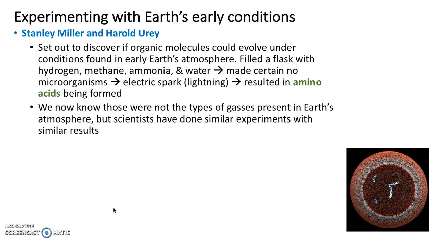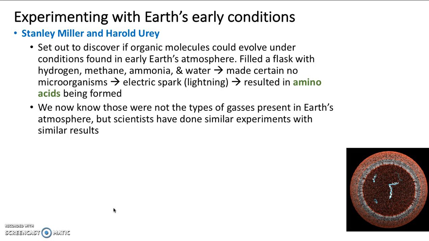You can see there hydrogen, methane, which is carbon and hydrogen together, ammonia, and water. They made sure there were no living things in these beakers and flasks they were using, so it was all completely sterile. And to simulate the stormy, chaotic conditions, the meteor impacts, the lightning and thunderstorms, and all the chaos going on on the planet, they used electricity to simulate lightning.